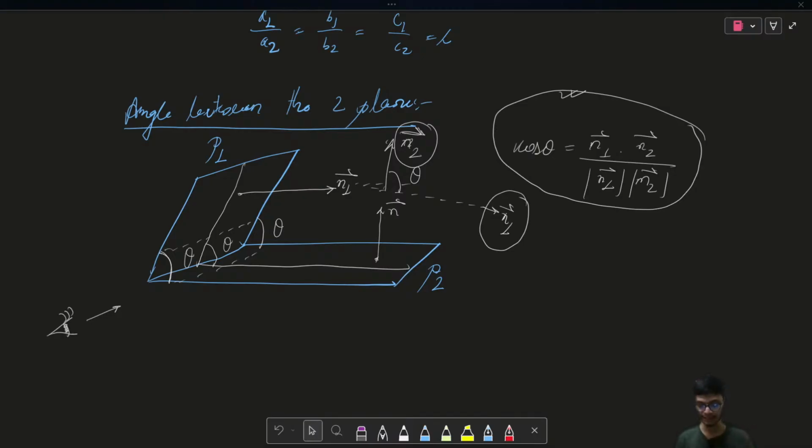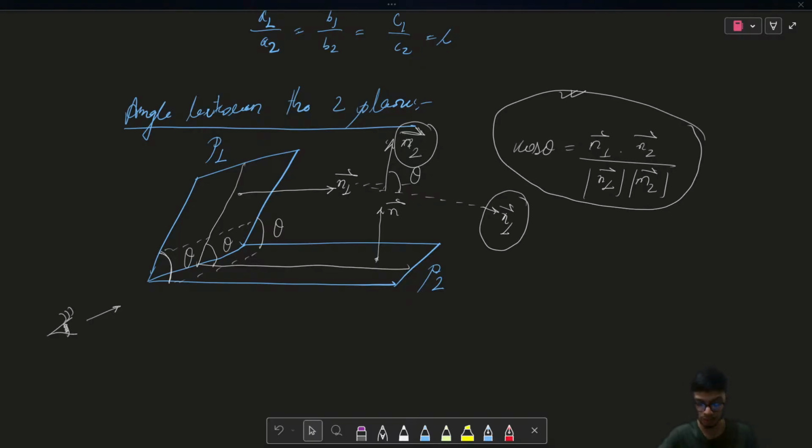In the last lecture, which I took yesterday, we discussed certain important things regarding a point and a plane. Also, we discussed how to calculate the angle between planes, and how to calculate the perpendicular distance between two parallel planes or the perpendicular distance of a point and a plane. That's all we have seen so far.